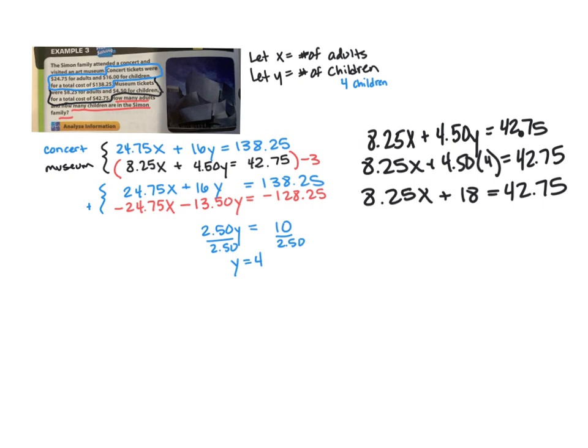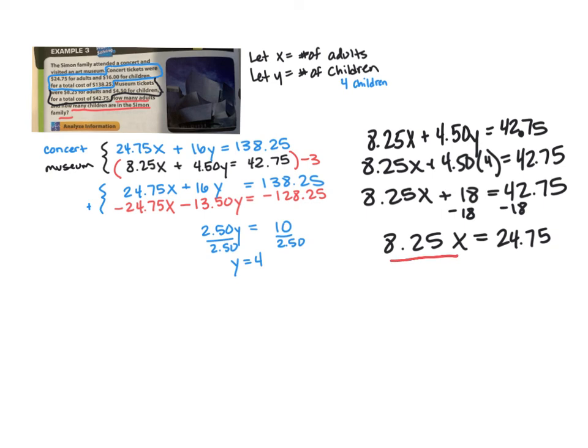Now my goal is to isolate the variable x by using inverse operations. Start by getting rid of positive 18. That's negative 18, both sides of the equation. That leaves me with 825x equals 42.75 minus $18 is 24.75. Variable x is being multiplied by 825.